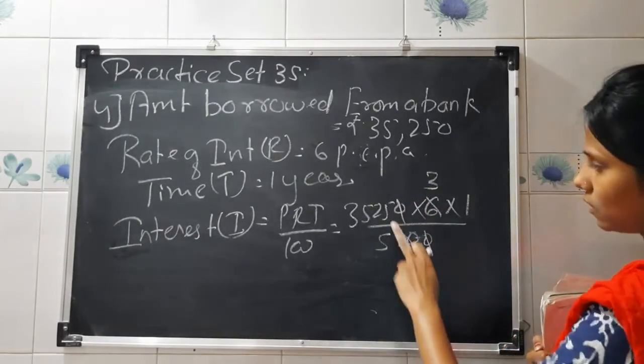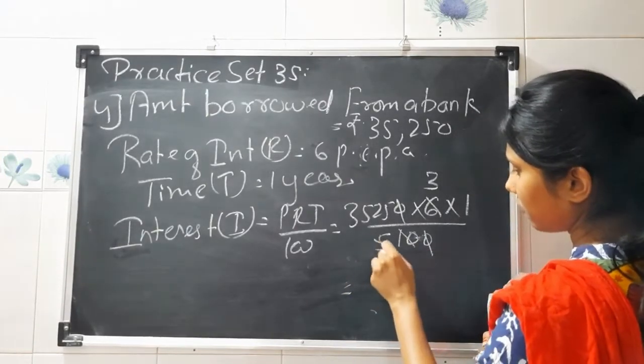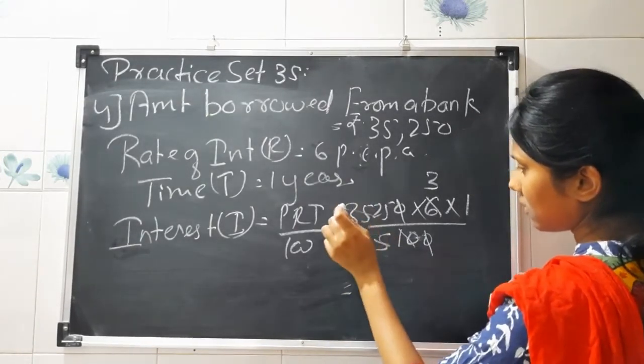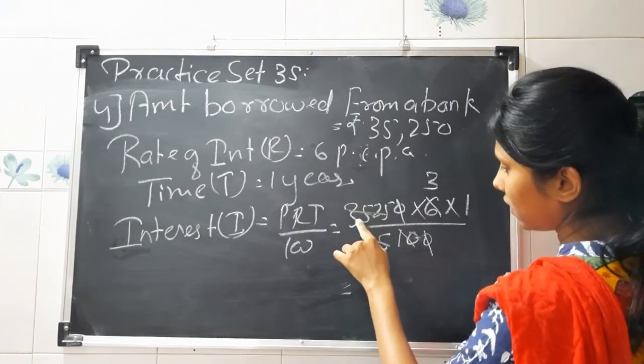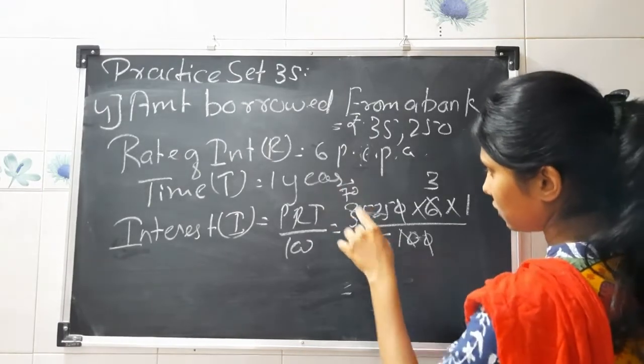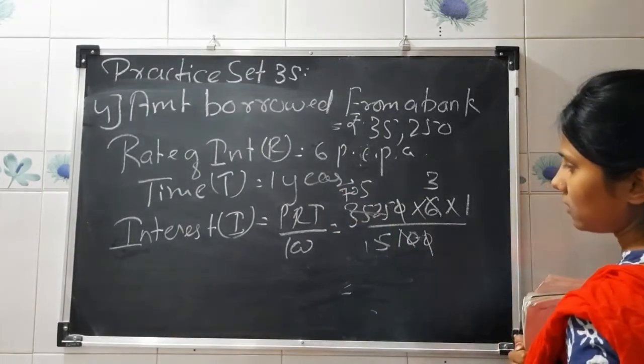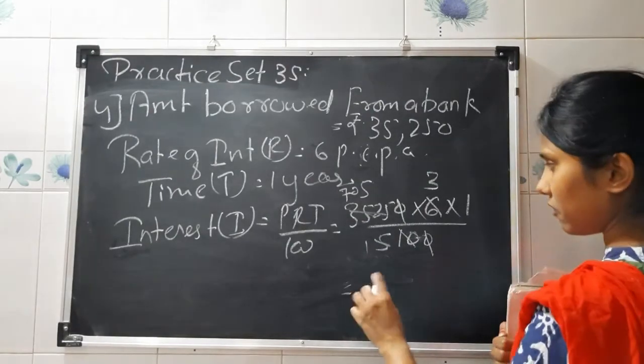Okay, you have to divide this. 5 ones are 5, then 5 7s are 35, then 5 zeros are 0, 5 5s are 25.